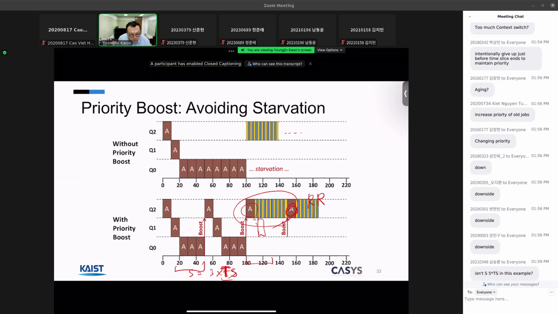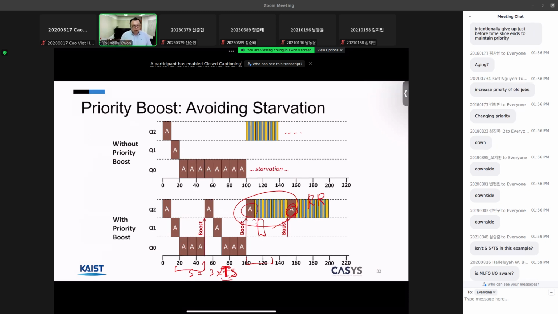Oh, is it 5? Depending on. I'm saying the boost always happens from Q0 to Q2, the lowest layer. So after executing 1, 2, 3 time slices, given the time, I boost it. So if A spends 3 time slices here, A stays here, so boosting is a bit confusing. This time slice, say 3, it's not clear.